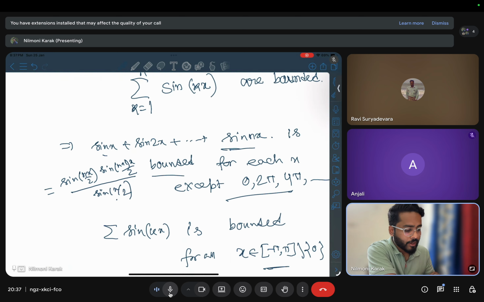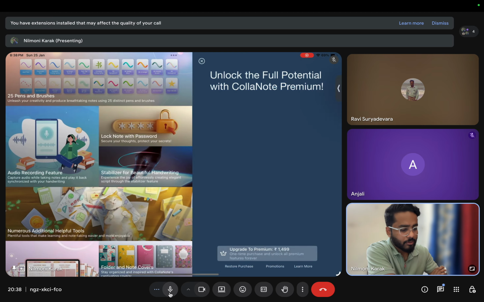So that's why this is not bounded there, and except for these points you can put anything, and it is always bounded because sin nx and sin (n+1)x are always bounded, with modulus less than or equal to 1. But the denominator part is not, so when x equals 0, 2 pi, 4 pi, it is not bounded.